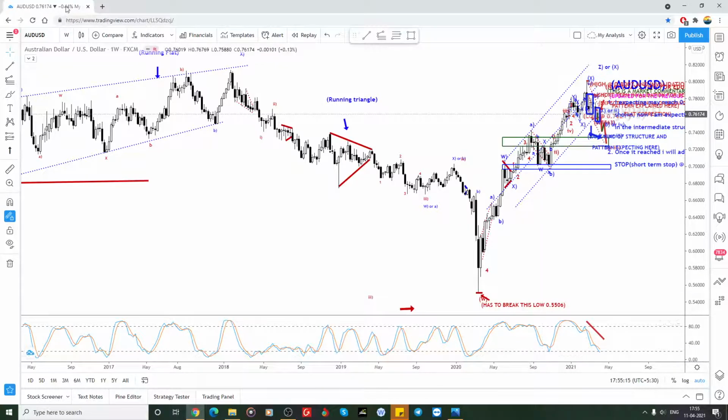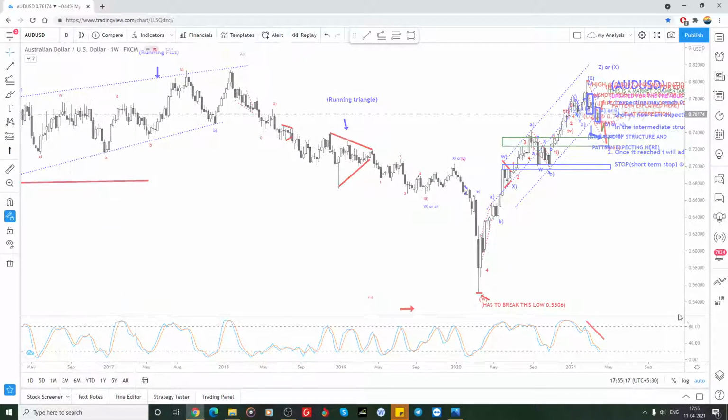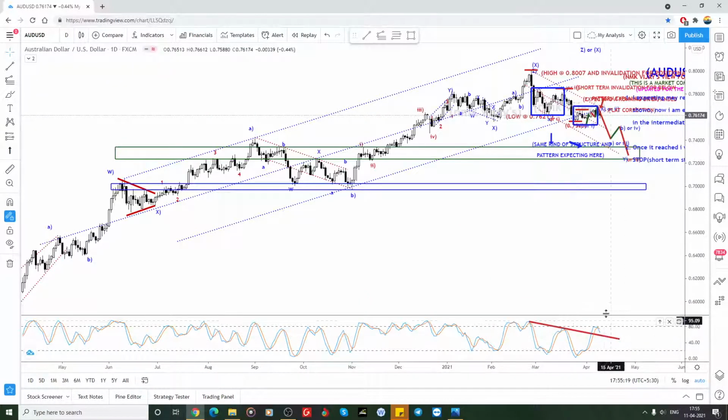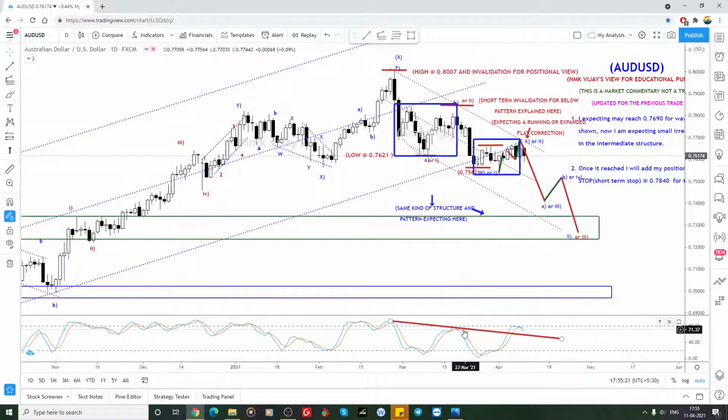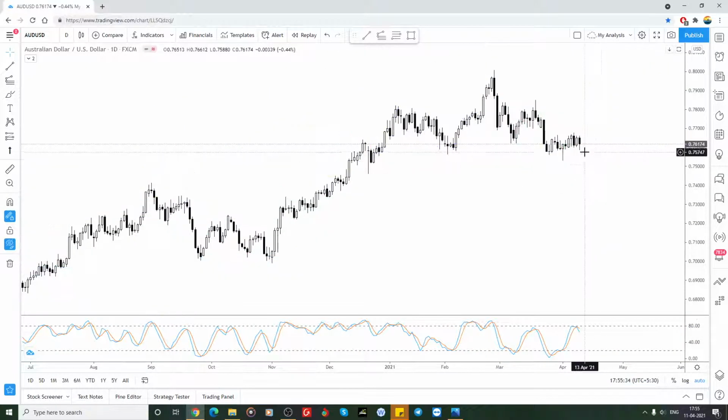In the daily we got a divergence in the past. So let's see whether it is going to make a deeper correction, and it may reach up to 781 in a deeper correction to this zone.